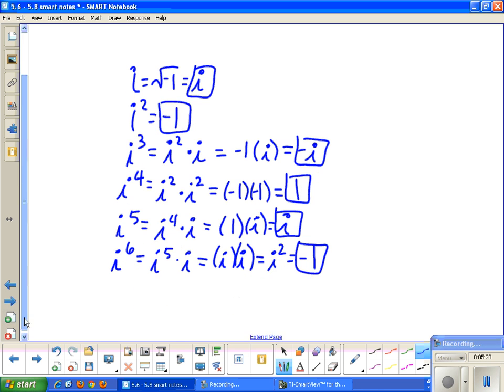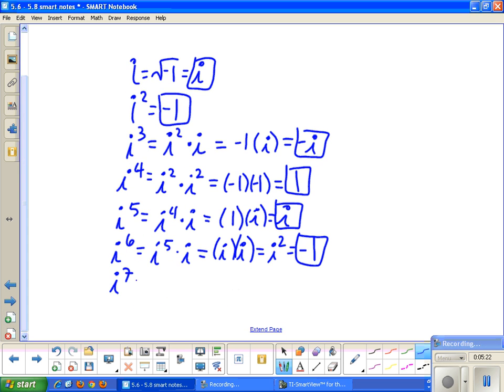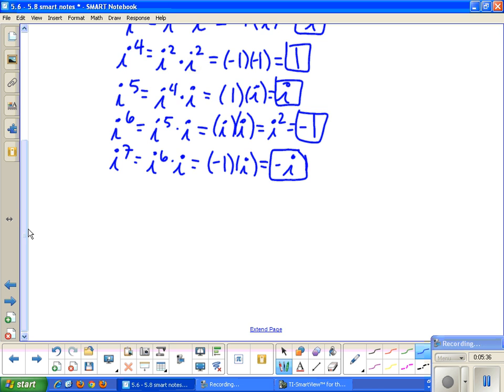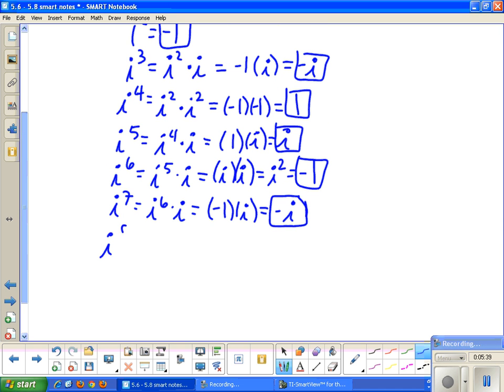And I could keep on going, of course. i to the 7th power would be i to the 6th times i. And i to the 6th we just said was -1 times i, which gives us -i. And if I keep going, I could do i to the 8th power is i to the 7th times i, which would be -i times i, which is -i squared, which would be -1 times -1.